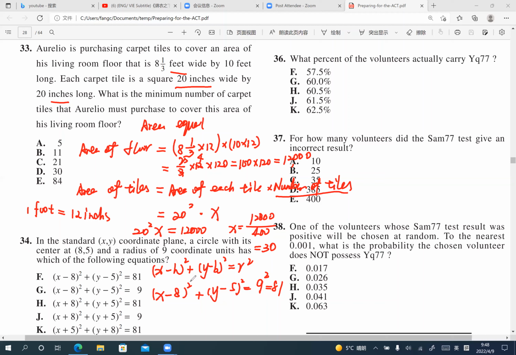Then we plug in the given information. We get (x minus 8) squared plus (y minus 5) squared equals r squared, which is 9 squared, equals 81. So we should choose option A.